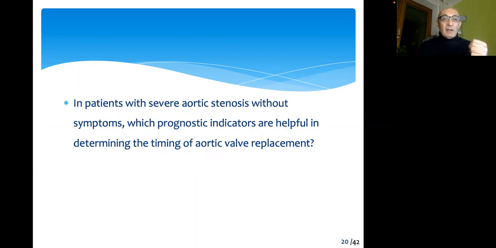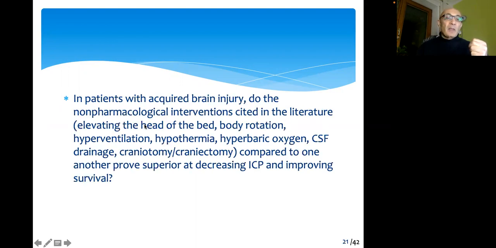We have asked here which prognostic indicators. Okay. The next question: in patients with acquired brain injury, do the non-pharmacological interventions cited in the literature, like these ones, compared to one another, prove superior at decreasing intracranial pressure and improving survival?